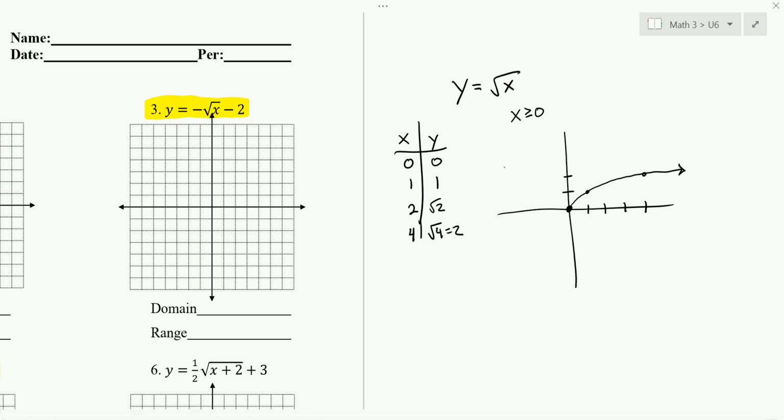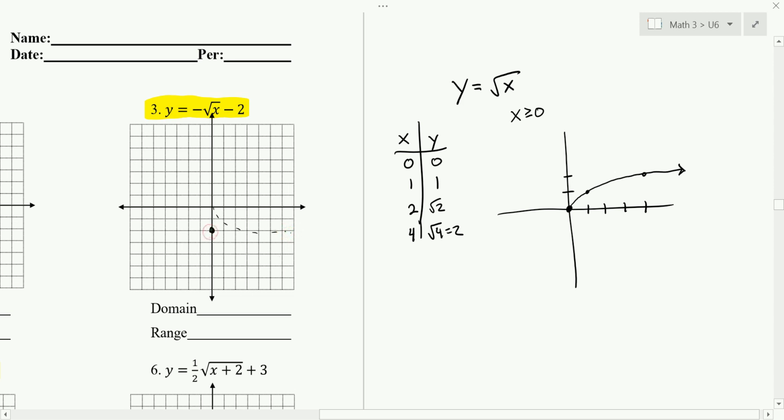So now let's apply that to number 3 here. So number 3, we've translated down 2 units, and we've reflected over the x-axis. So let's make that reflection first. So when we reflect, it's kind of looking something like this, and then translate it down 2 units.